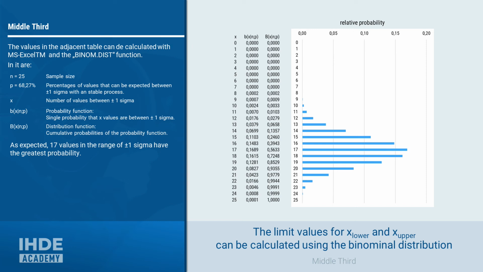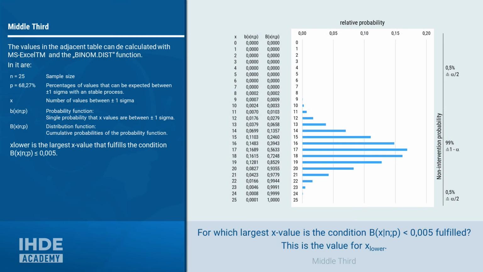The cumulative probabilities can also be calculated with the same Excel function. These are given in column B in capital letters, starting with 0 for almost 0%, then increasing to 1 for 100%. As a quick reminder, the probability of non-interference should be 99%.